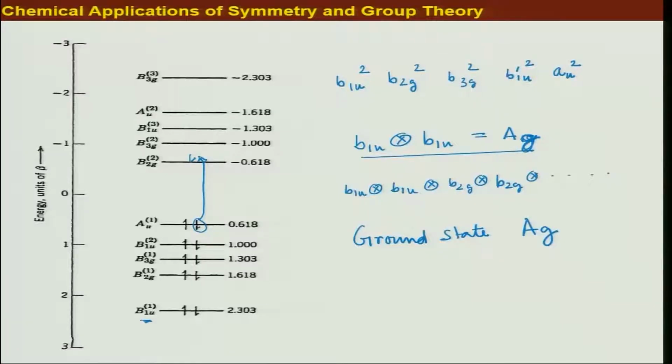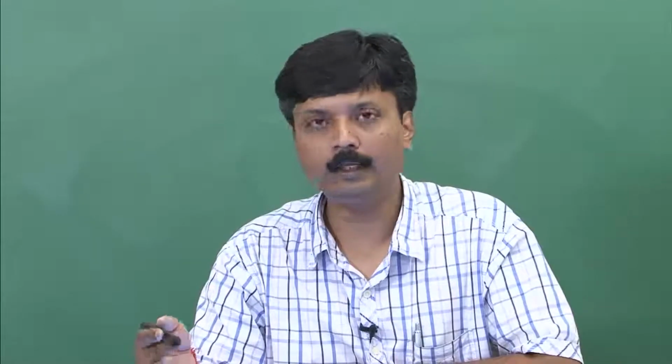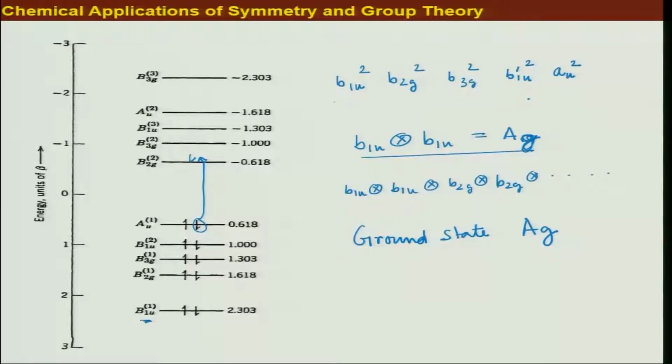So this particular system has the symmetry of, if I remember my previous condition, that whichever orbital is doubly occupied I do not worry about, because that will give me the totally symmetric IR. So I will only consider the orbitals which have the unpaired electron.